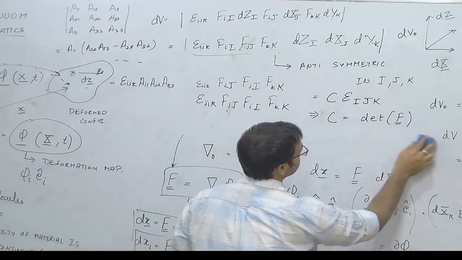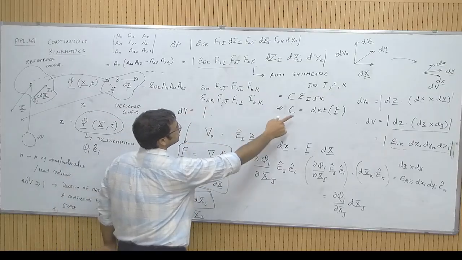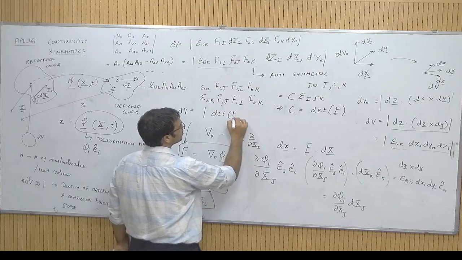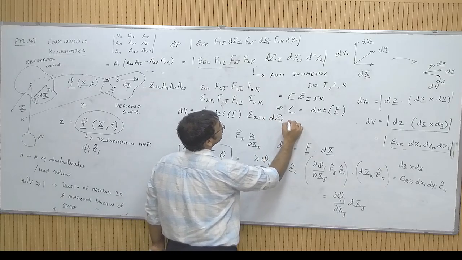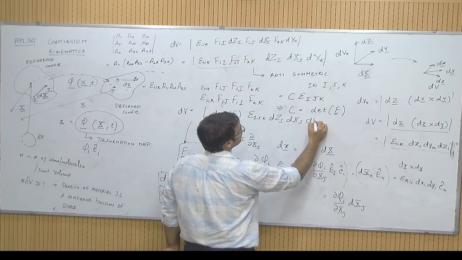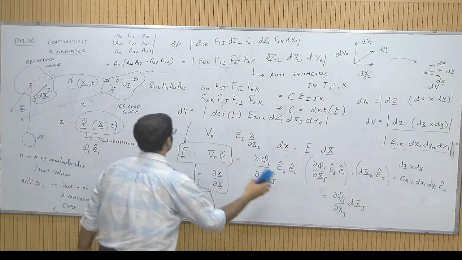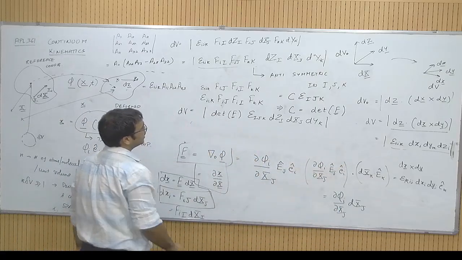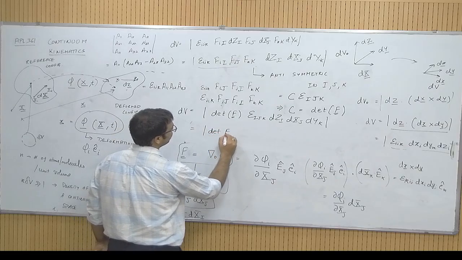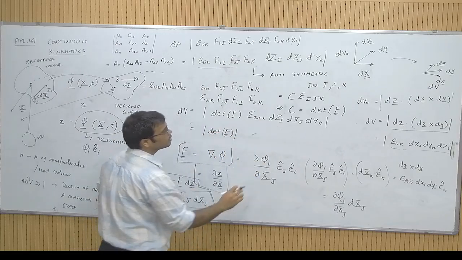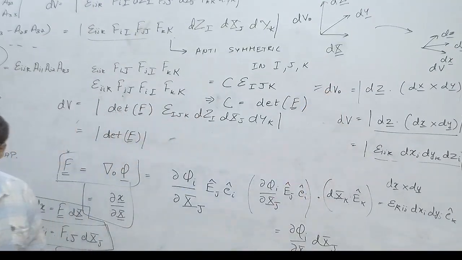And now we are in business, because I can write dV as the mod of the determinant of F times epsilon ijk dz_i dx_j dy_k. And that is basically mod of determinant of F times dV naught.